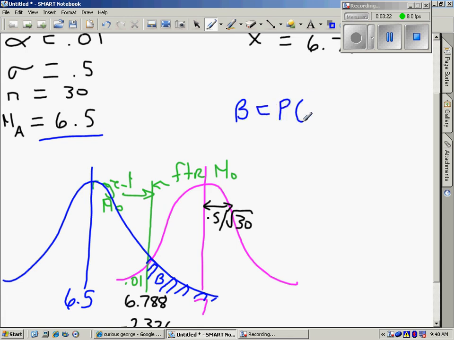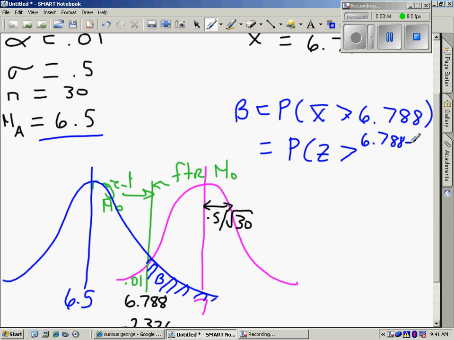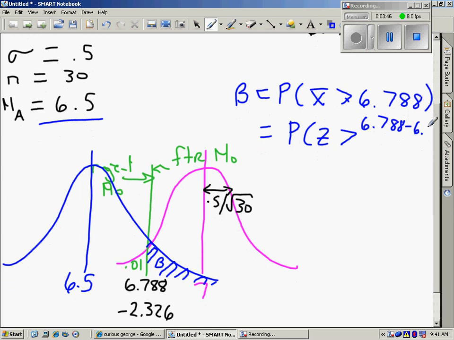So beta is the probability that I get an x bar greater than 6.788. When you standardize that, you standardize it according to the new true blue mu. 6.788 minus 6.5 over 0.5 divided by the square root of 30.